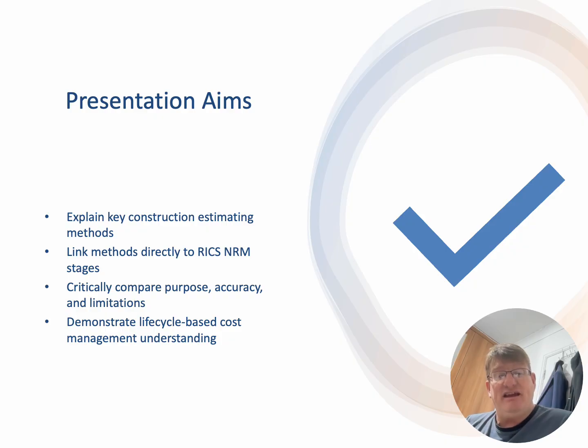Link methods directly to the RICS NRM stages. What I could have added in there as well is the RIBA stages, because we're obviously discussing RIBA stage 0, 1, 2, 3, 4, 5, 6 and 7 here as well, because we would use different NRM techniques and stages along the life cycle of the project, which is fundamentally what the questions are all asking you about.